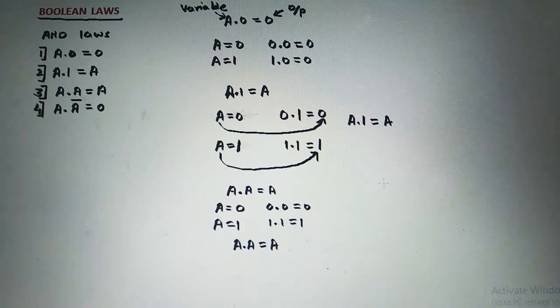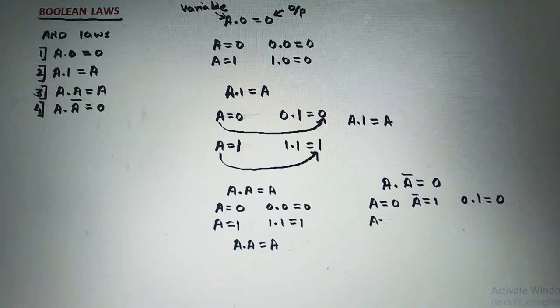Next we prove that A dot A bar is equal to 0. If we put A equal to 0, then A bar is equal to 1. So A dot A bar is 0 dot 1, which is equal to 0. Next, if we take A equal to 1, then A bar is equal to 0.